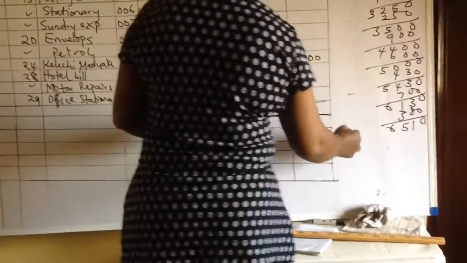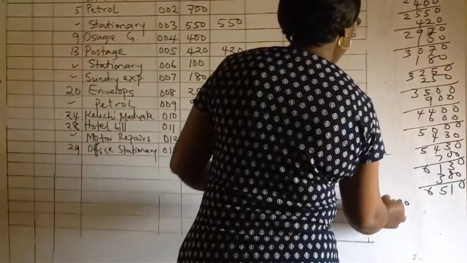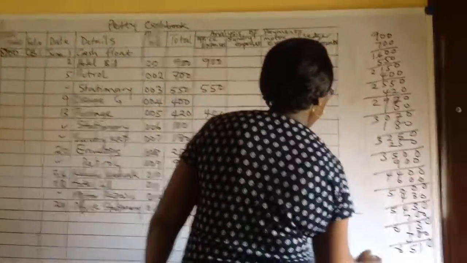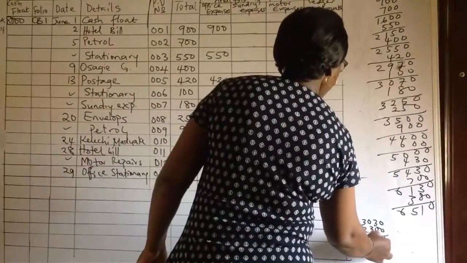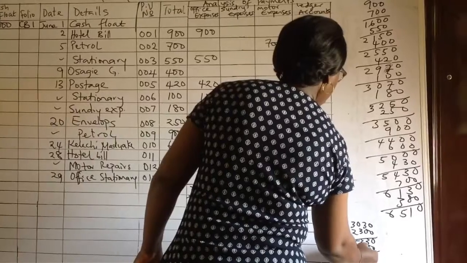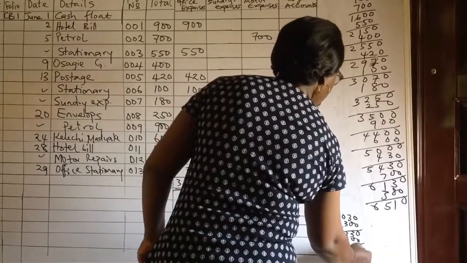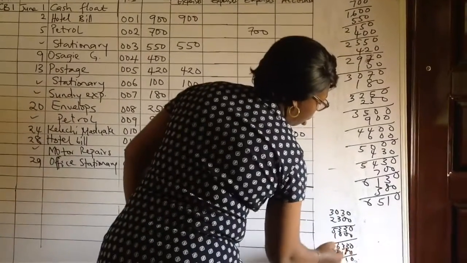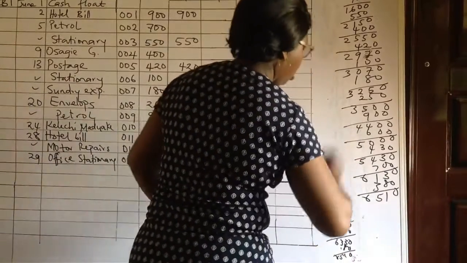So you have 3,030 plus 2,300 plus 1,000 plus 180. It's not correct.